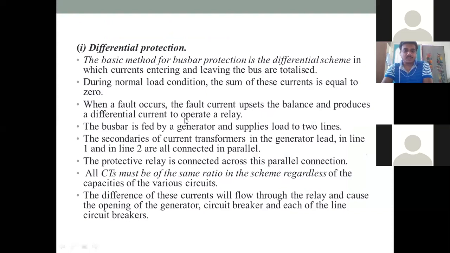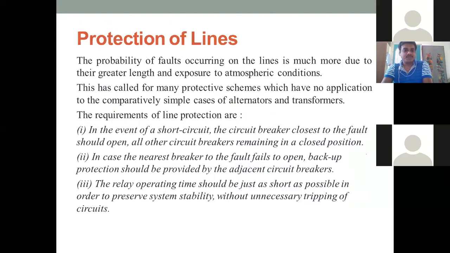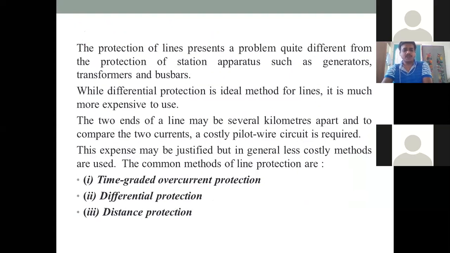That is the third point they have given here. The relay operating time should be as short as possible in order to preserve system stability without unnecessary tripping of the circuits. Here the protection of lines presents a problem quite different from the protection of station apparatus: generators, transformers and bus bars.